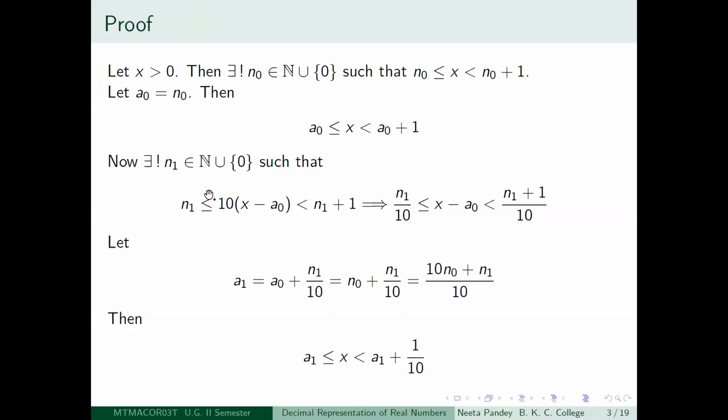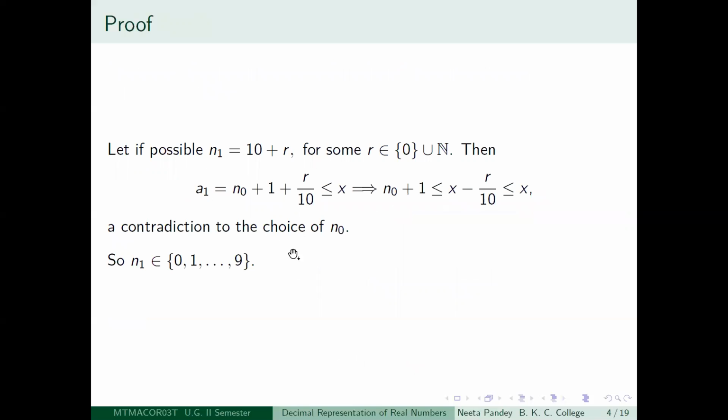So at least n1 is greater than or equal to 0 and it is an integer, so it can take any value 0, 1, 2, 3, etc. And now you wish to give the restriction that it will not take any random value, it will take one of these 10 values 0, 1, 2, 3, 4, 5, 6, 7, 8 or 9.